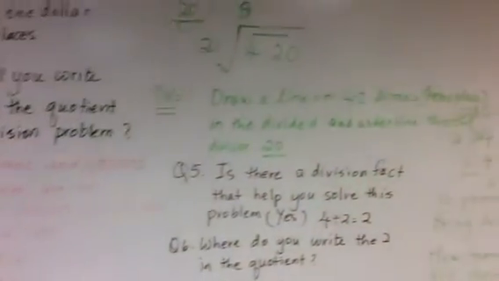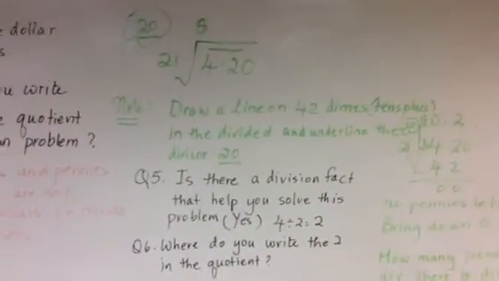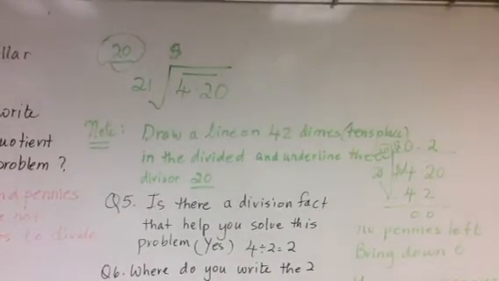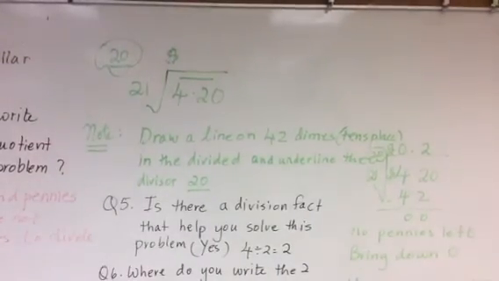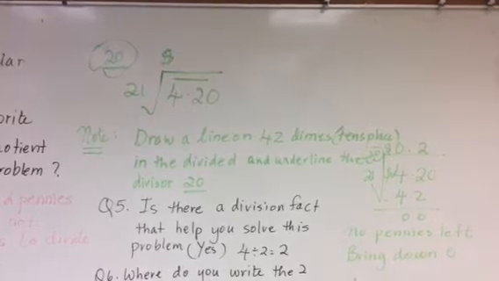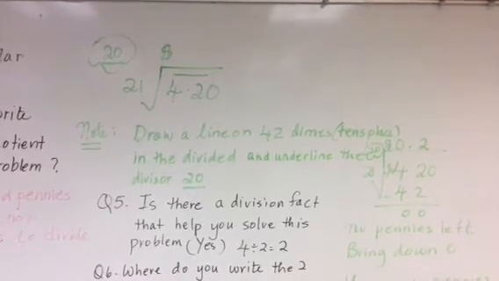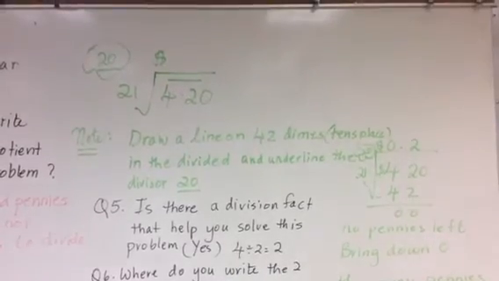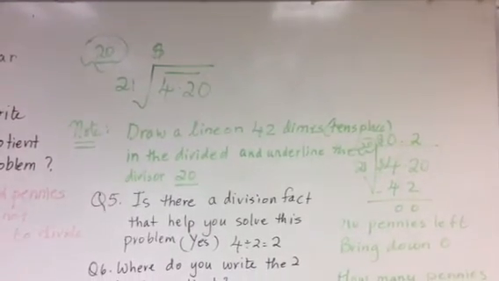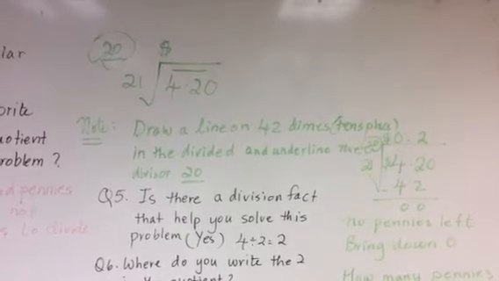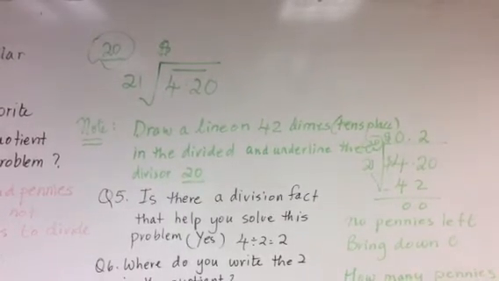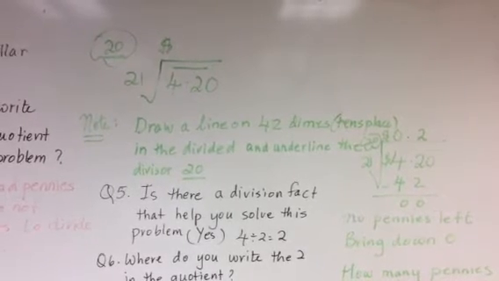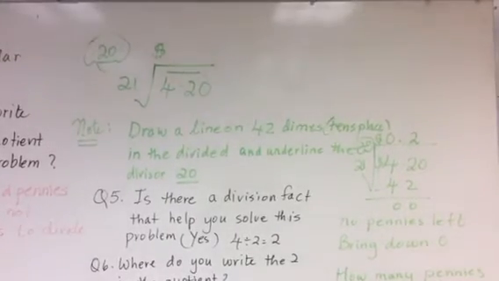Look at the problem up here. The same problem. I put the 21 in as a rounded divisor of 20. On top of the 4, I put a dollar sign, and then I am going to draw a line under 42 dimes, because now there is not enough. 21 cannot divide into 4, so I have to use the 2.